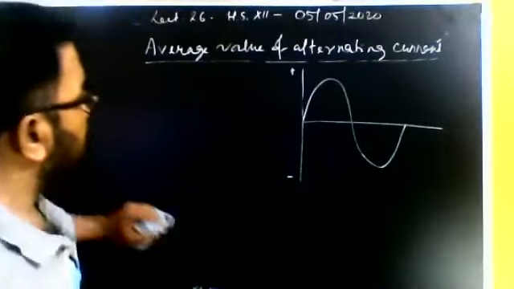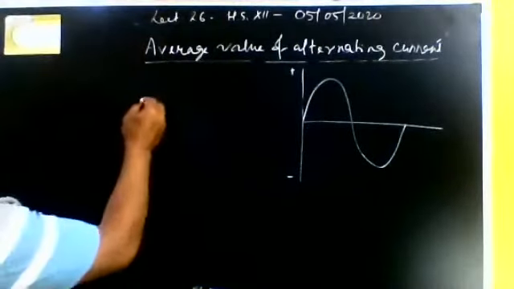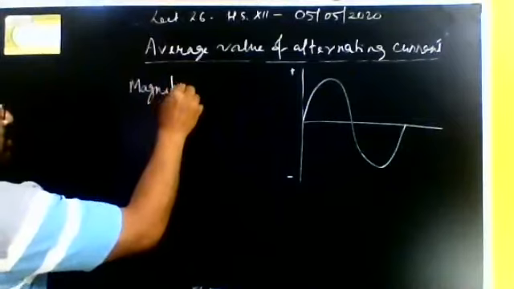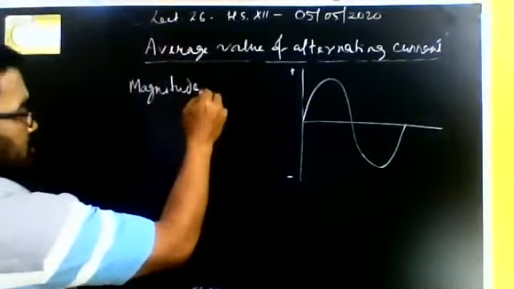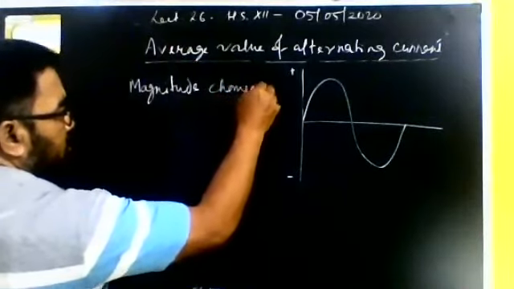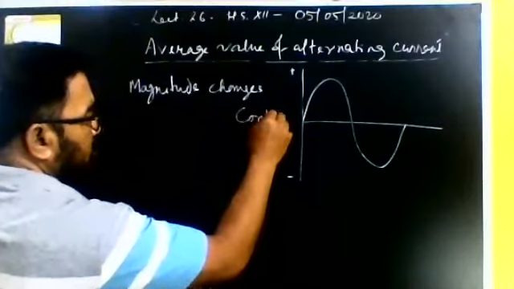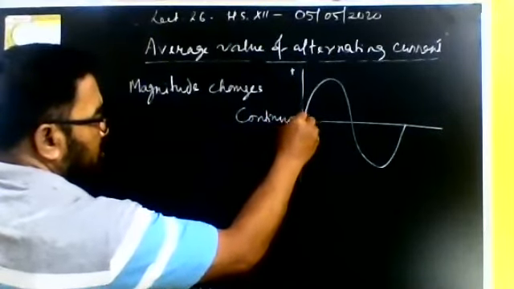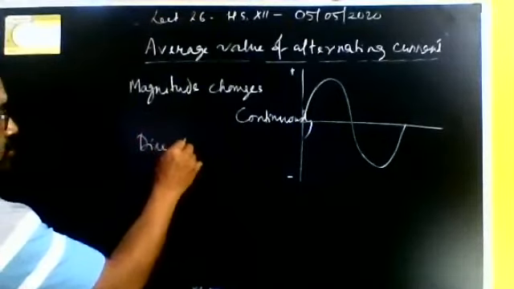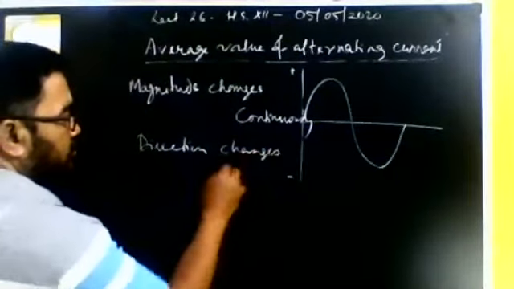So in case of alternating current, the magnitude changes continuously, right? And the direction changes periodically.